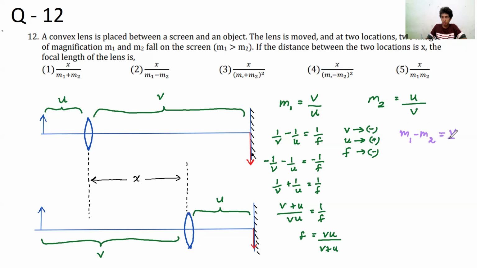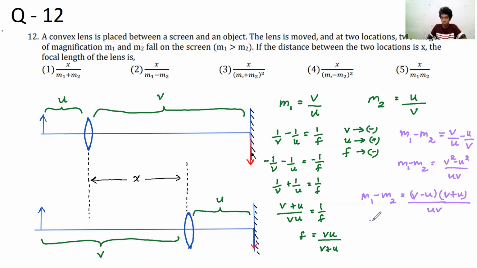So that will be v over u minus u over v. So that is equal to (v squared minus u squared) over uv. So here, as there is a difference of two squares, m1 minus m2 will be equal to (v minus u) into (v plus u) over uv. So here you can see f is equal to vu over (v plus u).